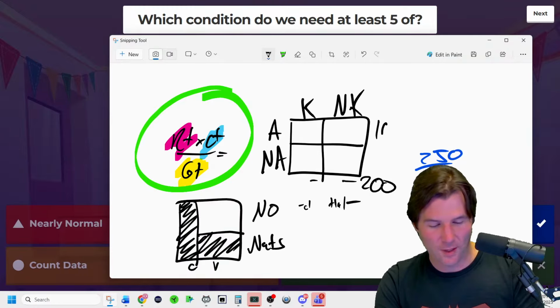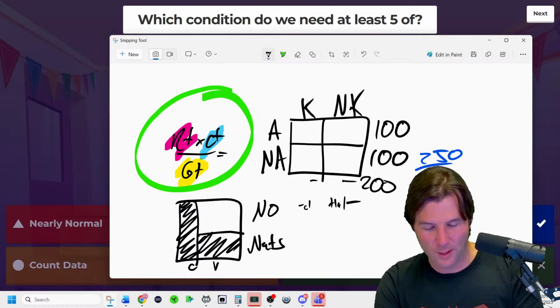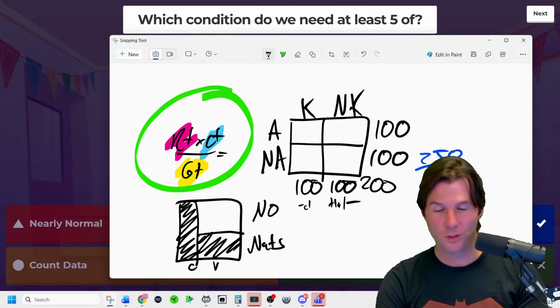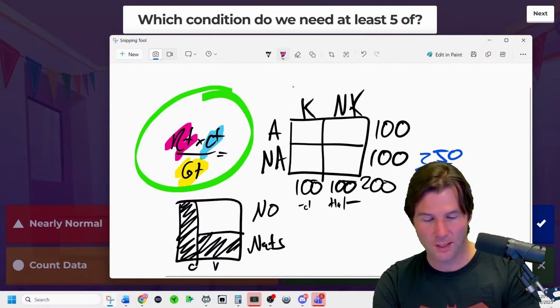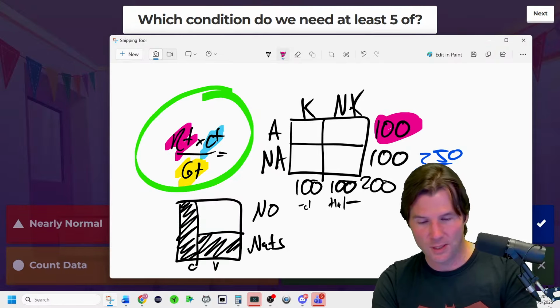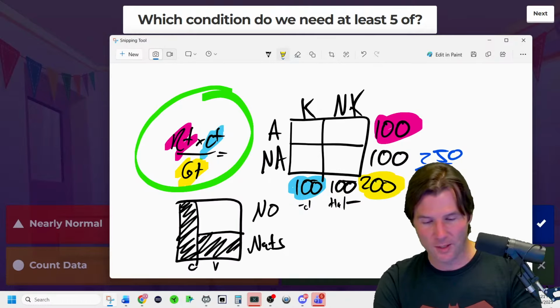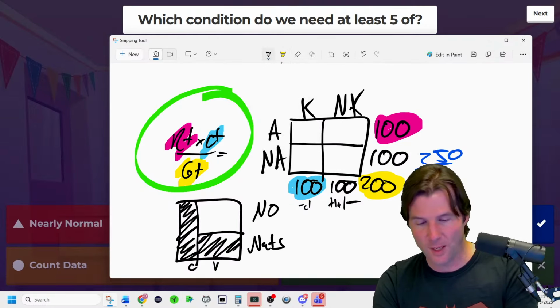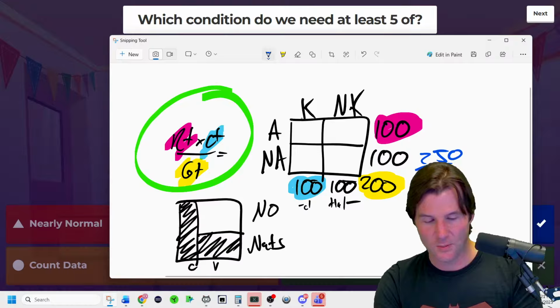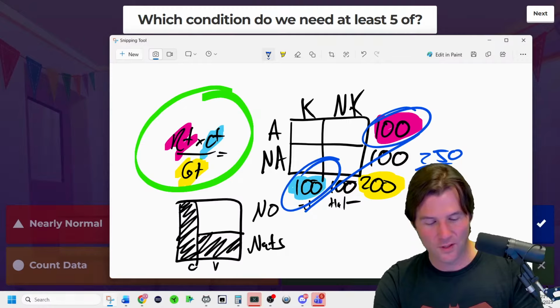And so we have 100 athletes, 100 who like K-pop, and 100 who don't like K-pop. And so what you would do to solve this is to figure out the expected. You'd say row total times column total over grand total. And then you can also think theoretically about it too, to be like, well, if half the people like K-pop and half are athletes, you could say I'd expect this many. And you can solve this to get the expected.